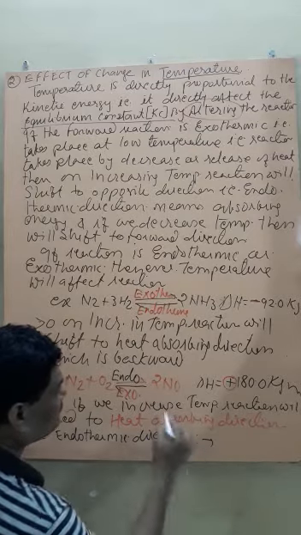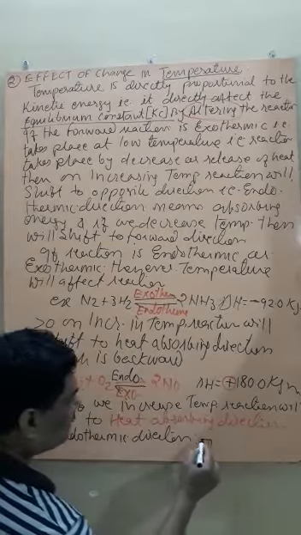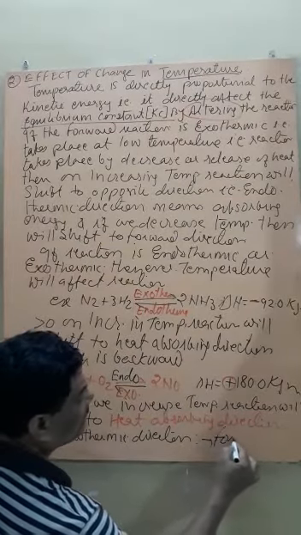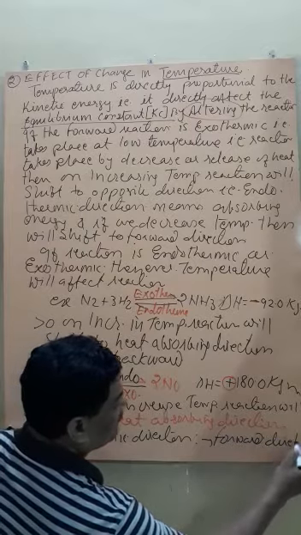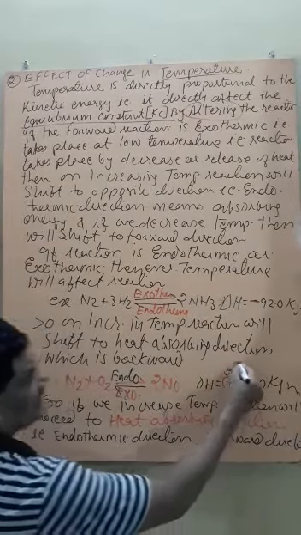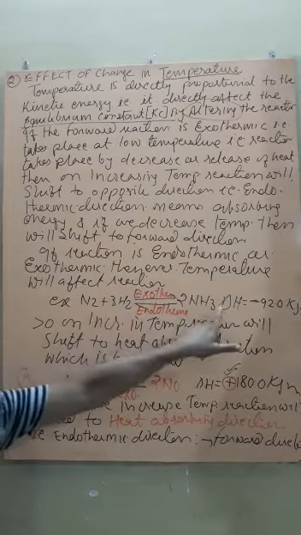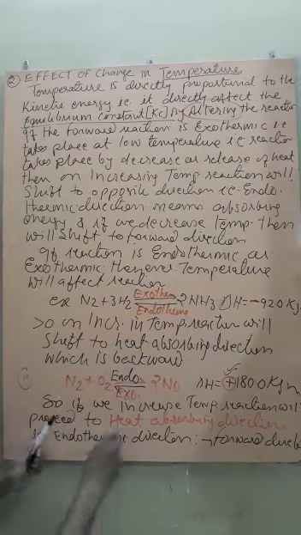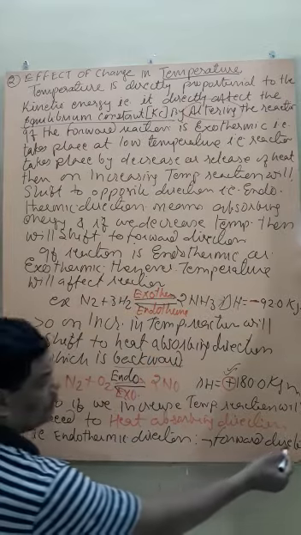Means for this special case it will become what? Endothermic direction means now the forward direction. But again, this is applicable only for this particular reaction where the forward process is endothermic. Remember, in the earlier one the forward process is exothermic, therefore it shifts to the backward direction. But here the forward process is endothermic, therefore it will shift to the forward direction.